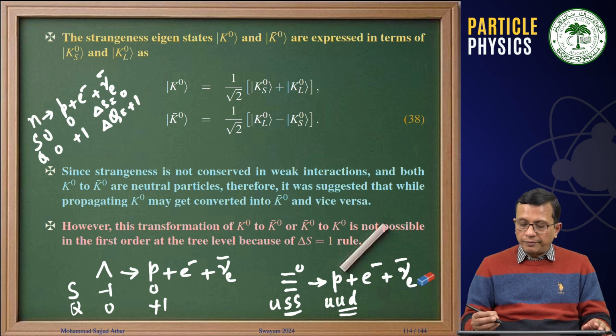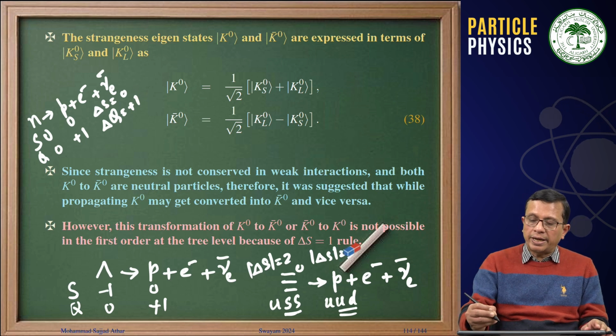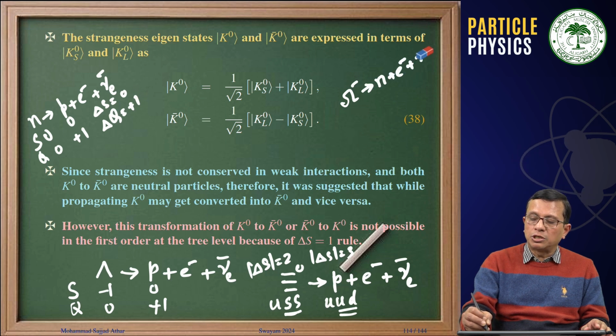Therefore, delta S equal to 2 or delta S equal to 3 processes are forbidden. Another example is omega minus decaying into n plus e- plus anti-nu_e.